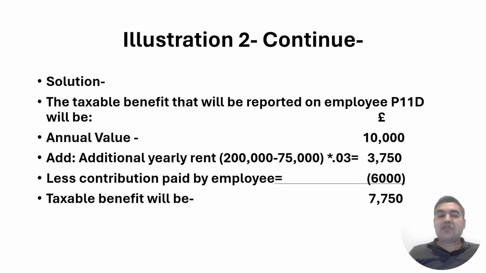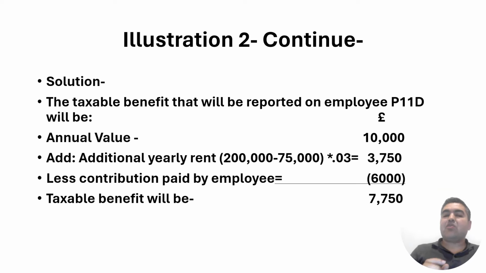Now, continuing with illustration 2, the solution will be, first you need to start with the annual value, then add additional yearly rent. That will be based on the cost of the property minus 75,000. Remember, if the cost of the property is more than 75,000, this will result in an additional charge, which is called additional yearly rent.